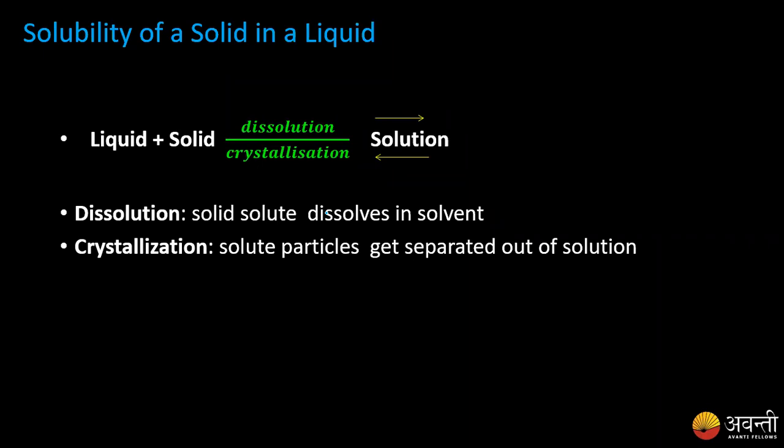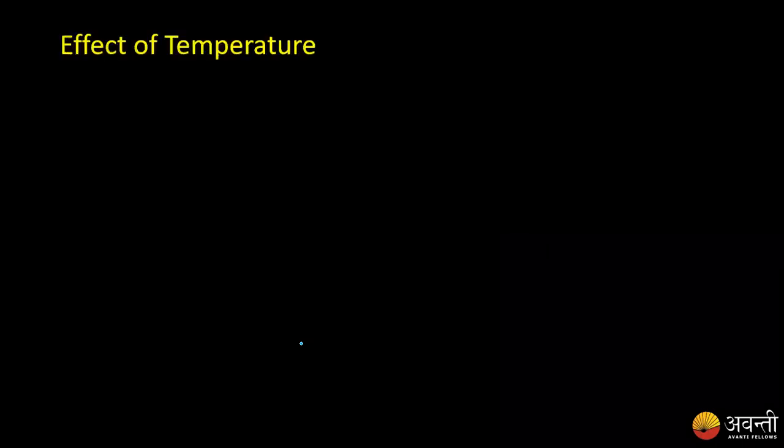Okay, then let's talk about the effect of temperature. How does temperature affect the solubility of a solid in a liquid? The process can be of two kinds: one is exothermic, another is endothermic.